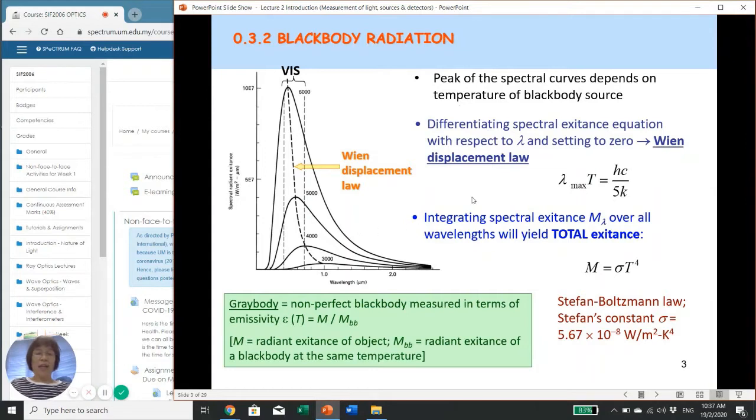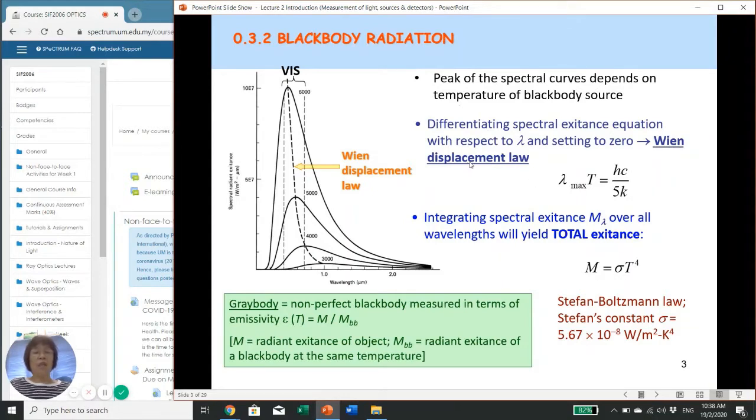Another expression that we get from this is by summing up all the radiant excitance, that is to integrate over all the wavelengths, then it will give us the total excitance, and we come to the Stefan-Boltzmann law, whereby the total excitance is equal to a constant, which is Stefan's constant, multiplied by the temperature of that radiating body to the power of 4.